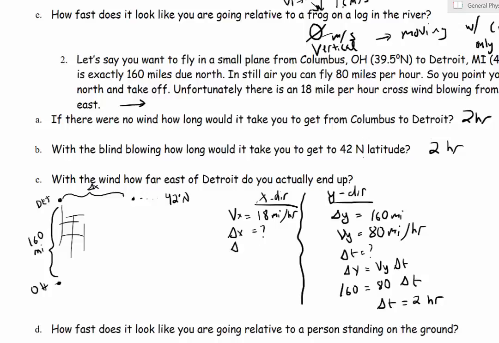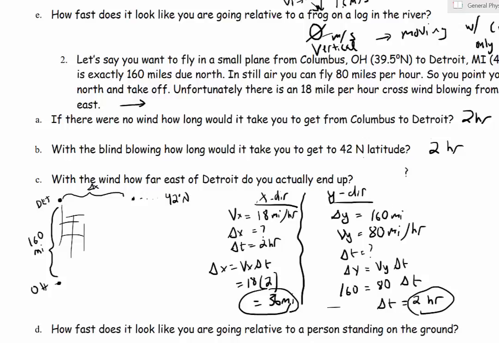I know that the time I'm traveling in my plane is 2 hours, and I can use my little equation, delta x is equal to v sub x delta t. I'm going 18 miles per hour for 2 hours. We're going to be looking at 36 miles. Alright, last couple problems.